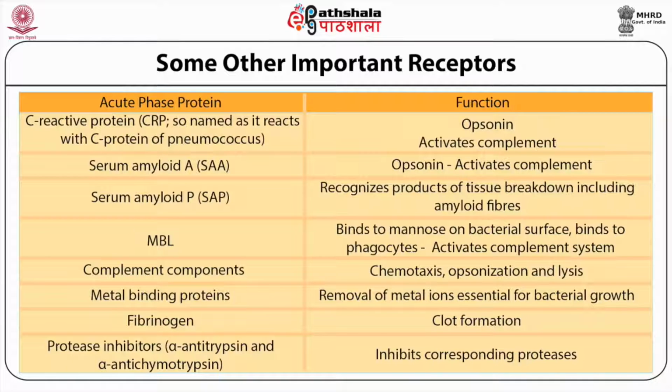Examples are CRP, SAA, and SAP. All pentraxins have another common feature: they are calcium ion dependent carbohydrate binding proteins.